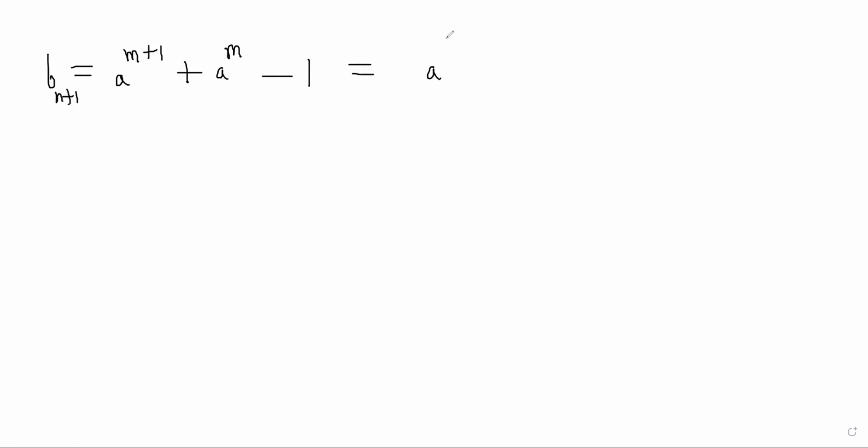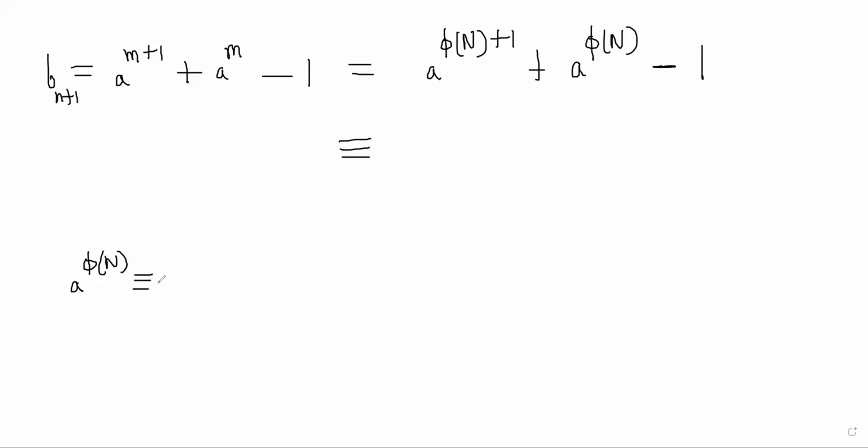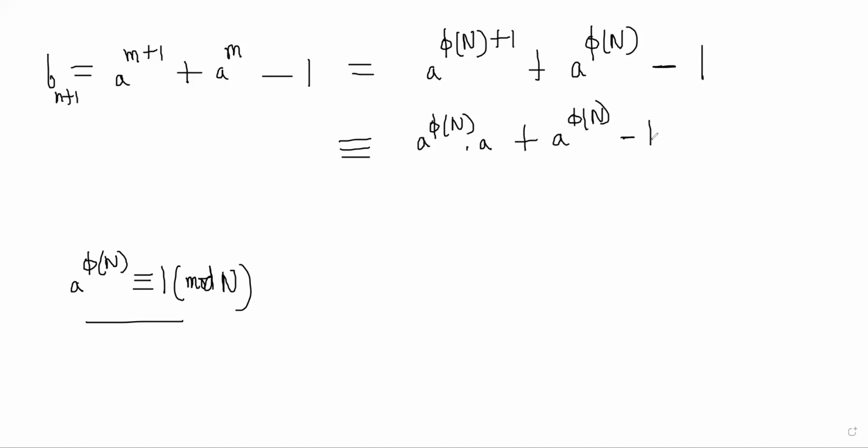So this is becoming A power phi of N plus 1 plus A power phi of N minus 1. Now, if you think about this, this is congruent to A power phi of N times A plus A power phi of N minus 1.